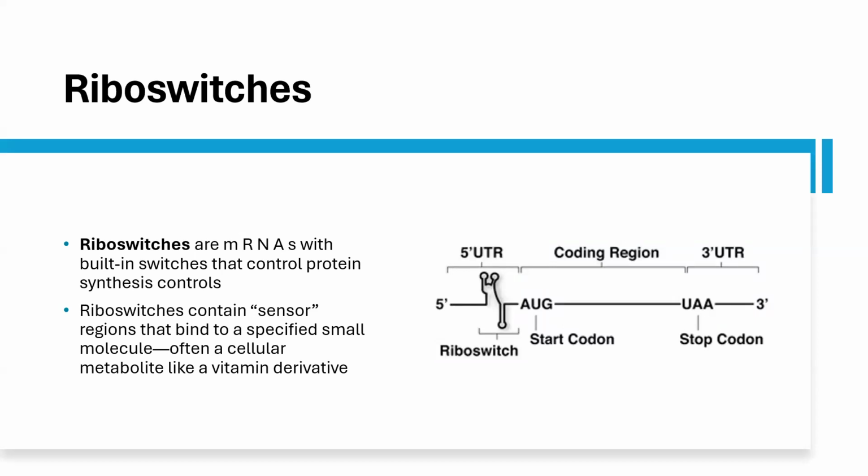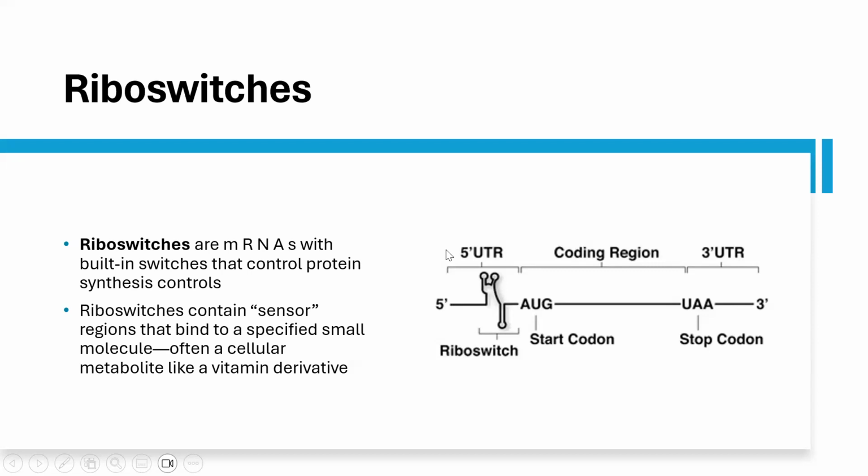And then last but not least, we have riboswitches. They're mRNAs that have these built-in coding sequences that act as switches that control protein synthesis. They contain some sort of sensor region, and that will bind a metabolite like a vitamin or a derivative of a vitamin. And here we have these three sections of a riboswitch.